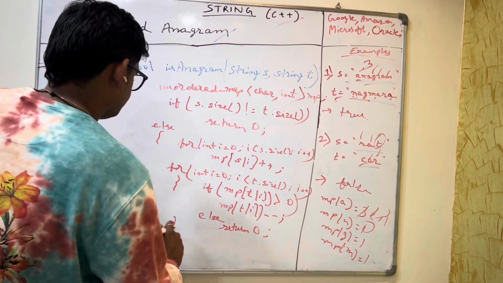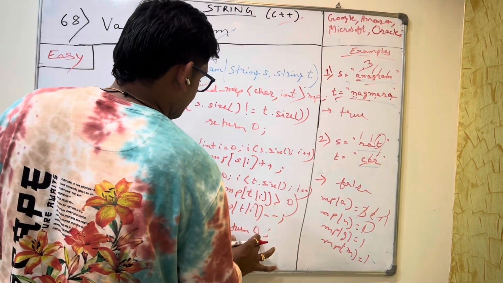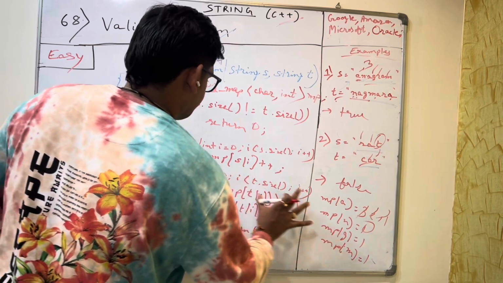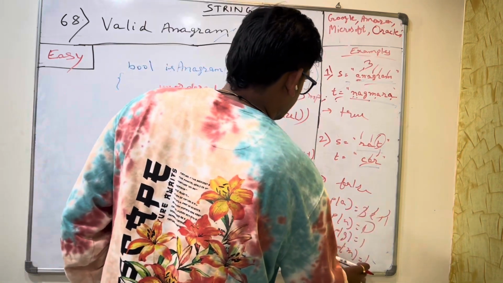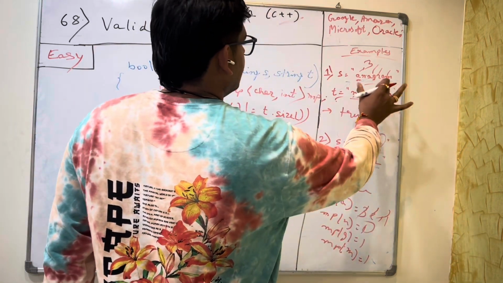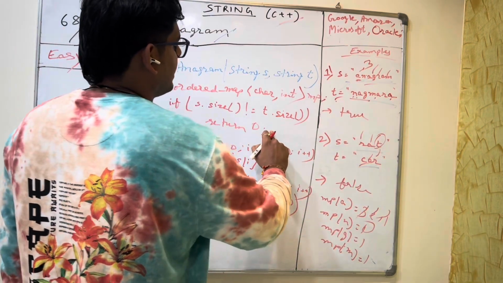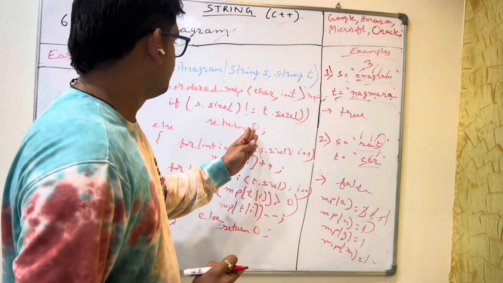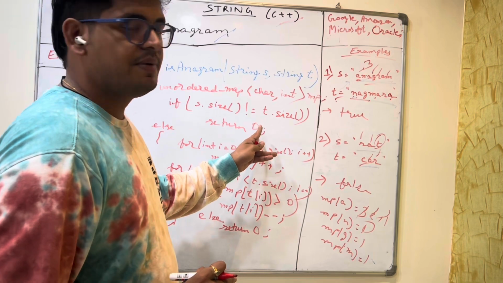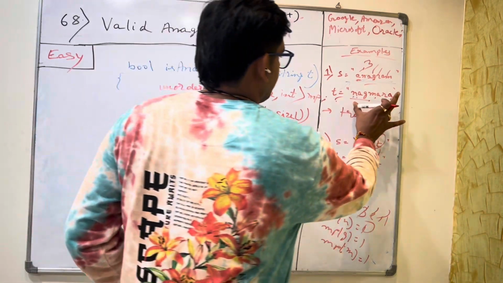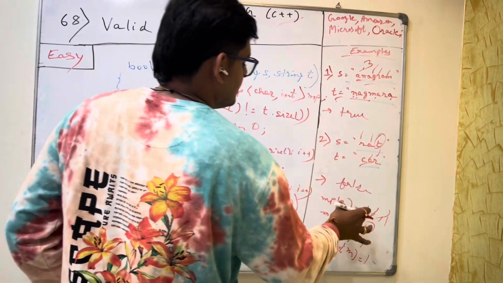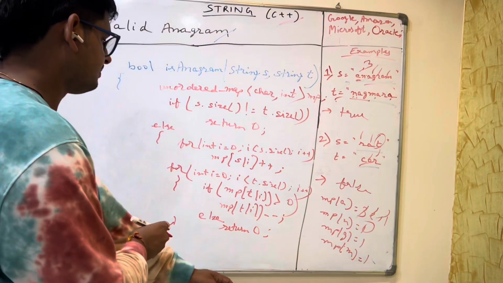So if there is no else case here, that means we have traversed all the things. Because if there were any other extra elements in T, it would have been returned here only, it would be returning 0. Since the number of elements are the same, we have checked already, so the frequency has to be the same.